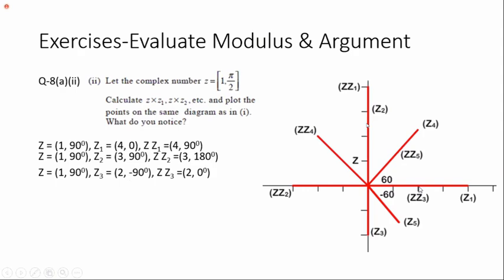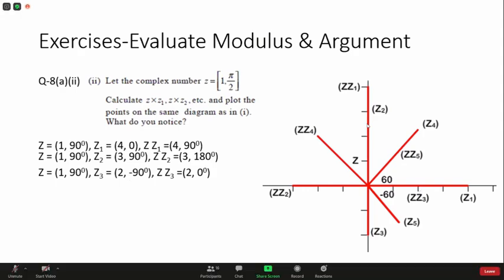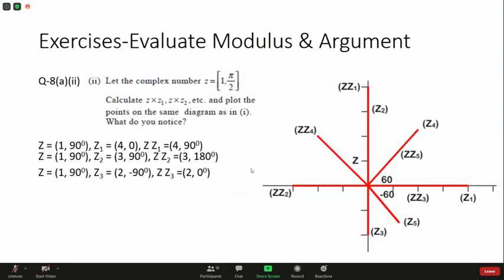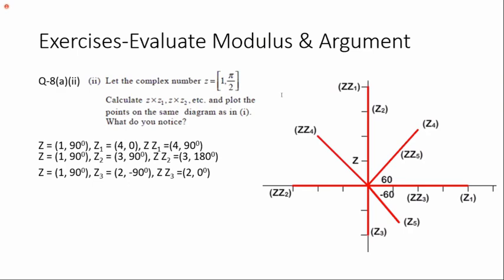Actually, here finally you see what will happen. The complex number rotates 90 degrees, because this complex number, 1, pi by 2, means modulus 1, cos pi by 2 plus j sin pi by 2, which is 0 plus j times 1.